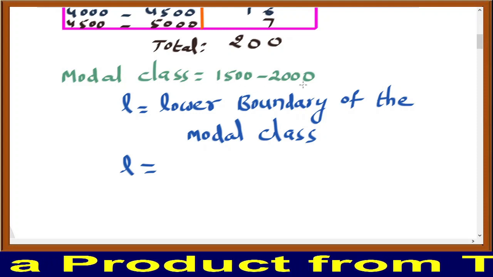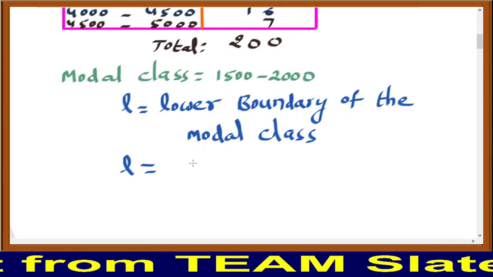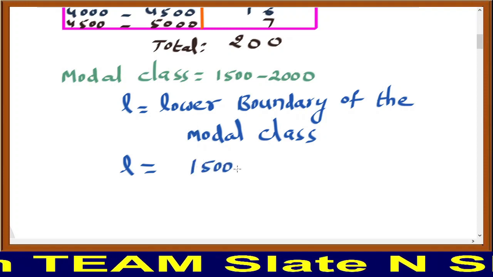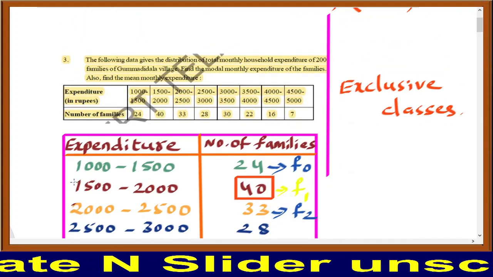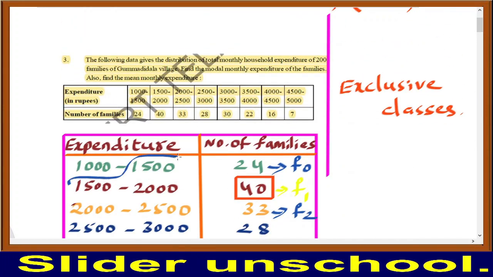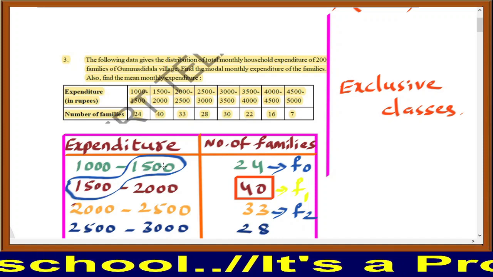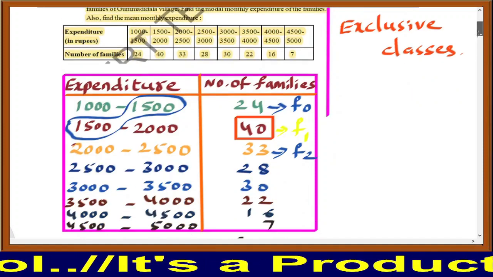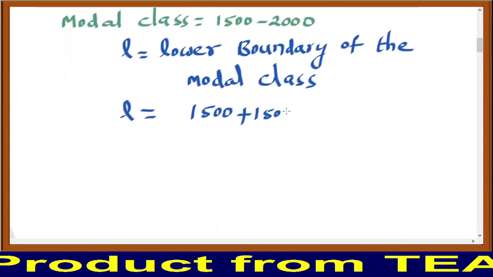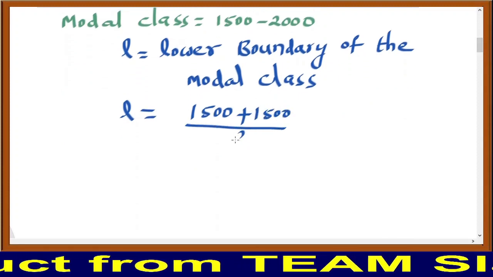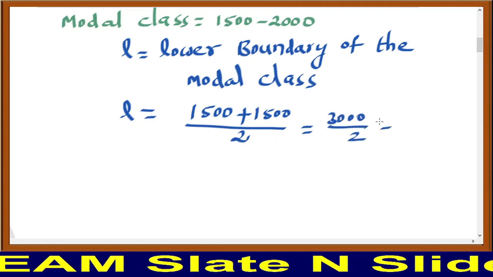The lower limit of the class interval is 1500, plus the upper limit of its preceding class. This 1500 is the upper limit of the preceding class. So add these two and get the average, 1500 and the upper limit of its preceding class, also 1500. By simplification we get 1500.